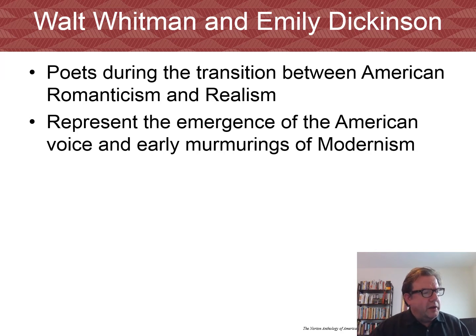Whitman and Dickinson both have elements of realism, but they also have elements of exuberance and romanticism in their work. And of course, they're both poets, so they're different in that sense. They also represent the beginning of American poetic sensibilities in a lot of ways.